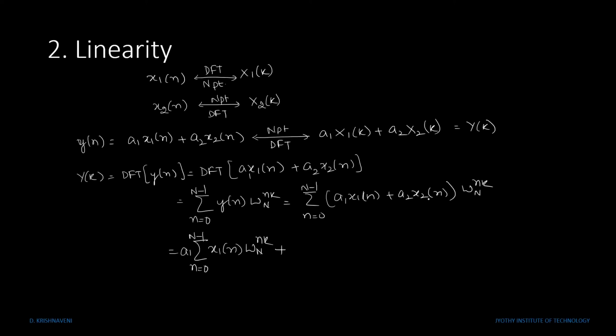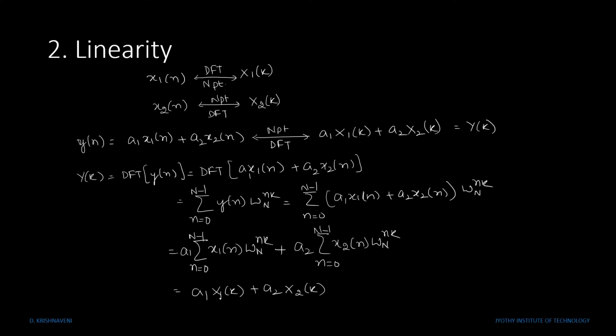Similarly we'll get a2 x2 of n W_N to the power of nk. So a2 I'll write out of the summation, n is equal to 0 to N minus 1 x2 of n W_N to the power of nk. So this is equal to a1 times summation x1 of n W_N to the power of nk, which is x1 of k, plus a2 times summation x2 of n W_N to the power of nk, which is x2 of k.